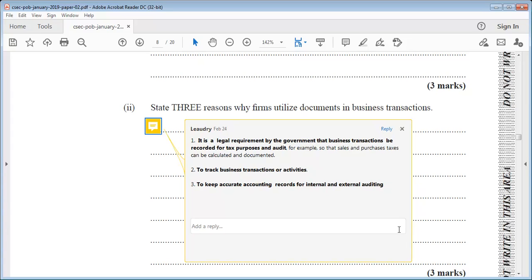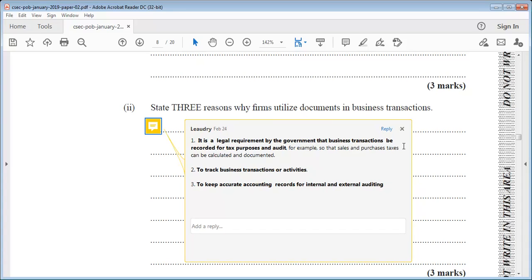For example, the sales and the purchases would have to be recorded, and these would have to be documented. These taxes would have to be documented so that it could show the taxes that have been collected.